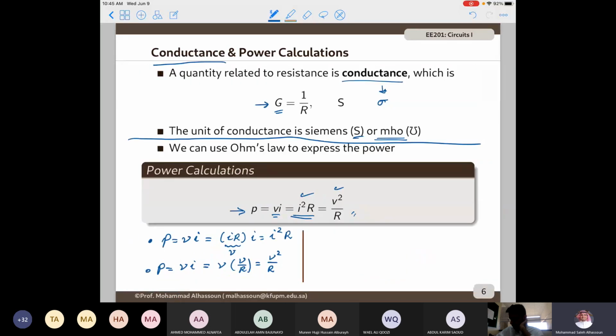Okay, according to the passive sign convention, what will be the expression for the power here?